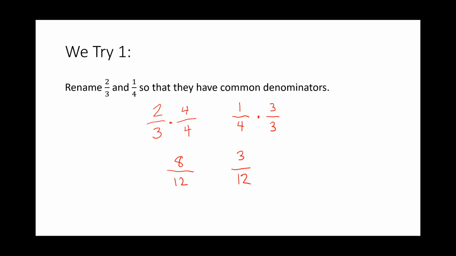So now I have two equivalent fractions that both have a denominator of 12. They're equivalent because I can reduce them down to get 2/3, and I can reduce 3/12 down to get 1/4.